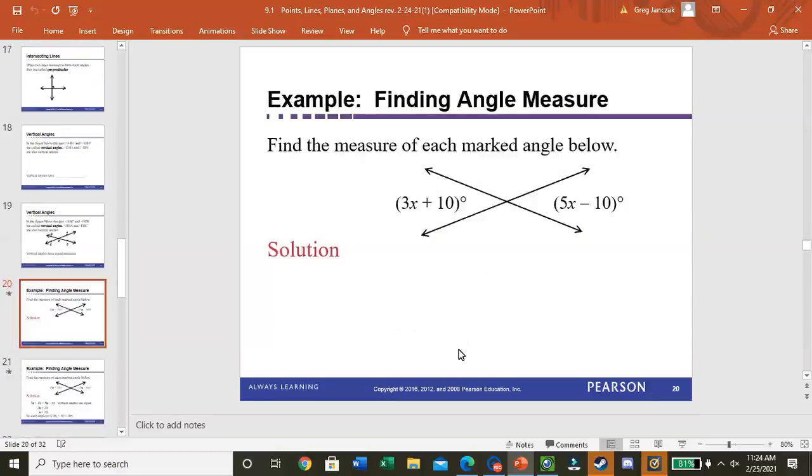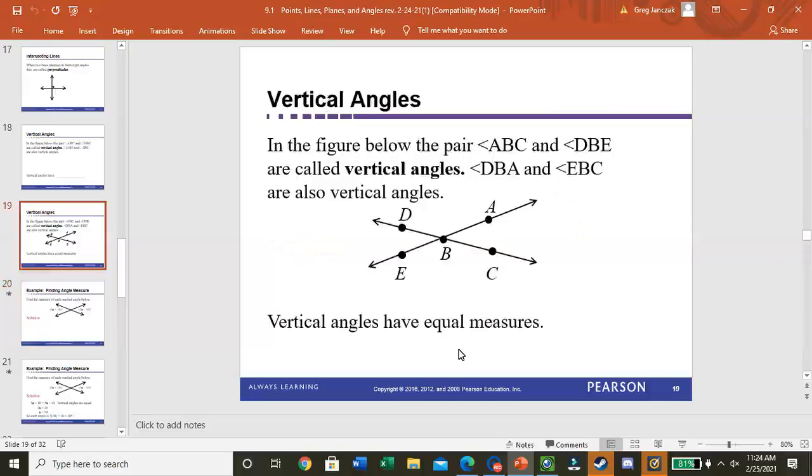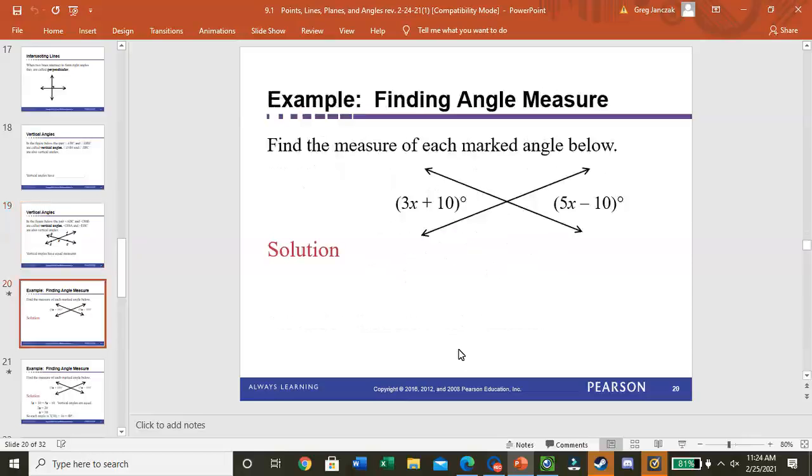All right, let's take a look at this problem here. Find the measure of the angles below. In geometry, they're not going to tell you that these are vertical angles and that vertical angles are congruent, but you have to know this postulate: vertical angles are of equal measure, also known as congruent.